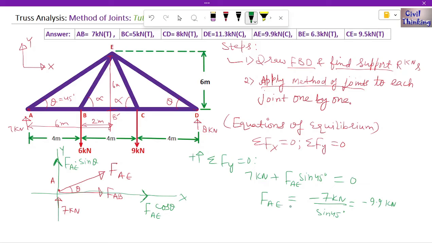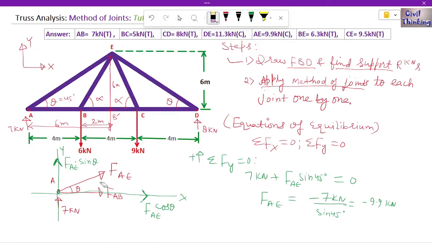Okay, so force in AE is negative, means what? Now this force in AE, we have assumed this. Now this was the joint and this arrow is away from the joint. Away from the joint means what? It means tensile force. We assumed FAE to be tensile, but basically our assumption was wrong.